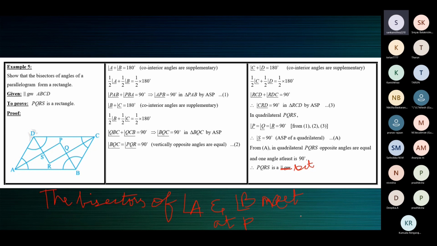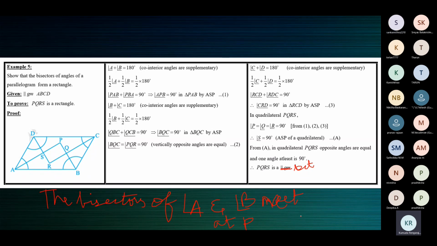But they're co-interior angles formed by AB and AP and CR. Correct. So can we directly write that PQ and QR are parallel to each other? Yes. When co-interior angles are supplementary, so the angle P is 90, angle Q is 90.